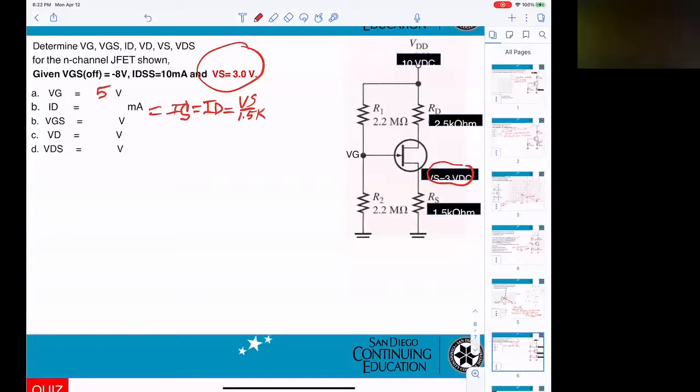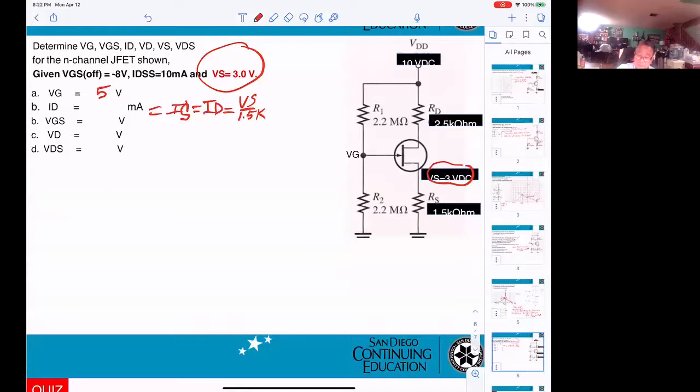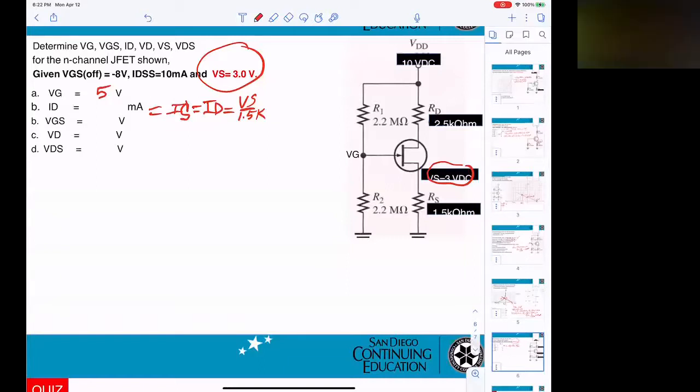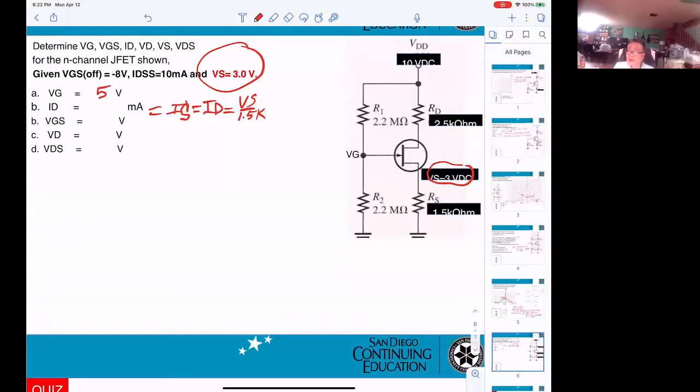Hey, Mr. Pham, on the source, right above RS, where you got RS written on the circuit, is that VS equal to negative 3 or VS equal to 3? VS equal 3. The thing is, when you download it, you can see it better than when I use my iPad. Sometimes they cut it off.